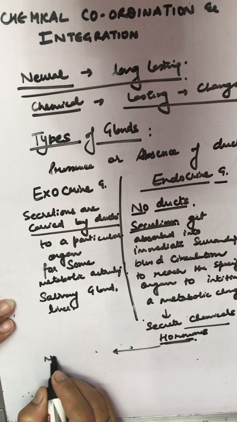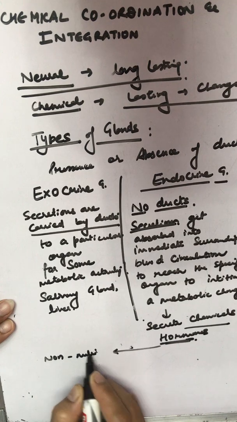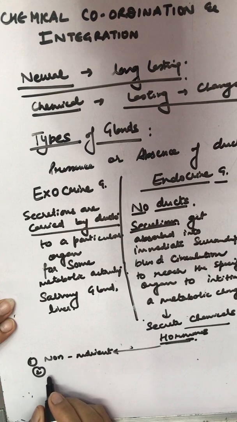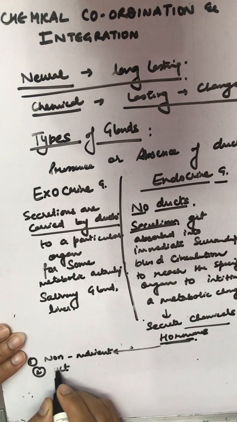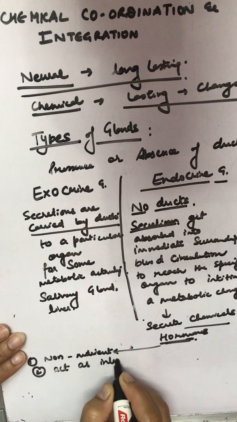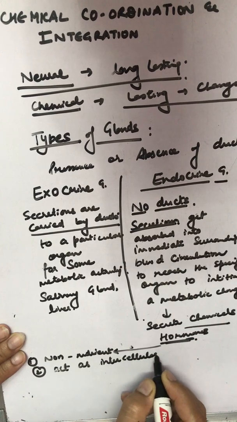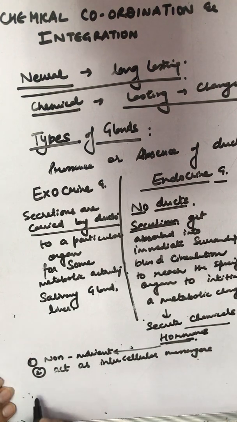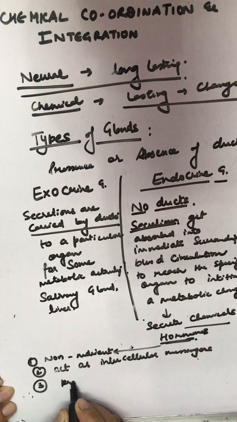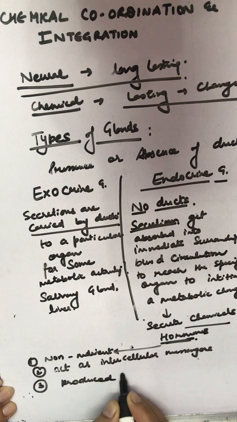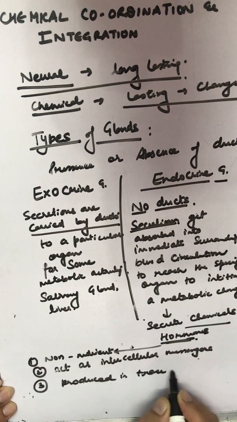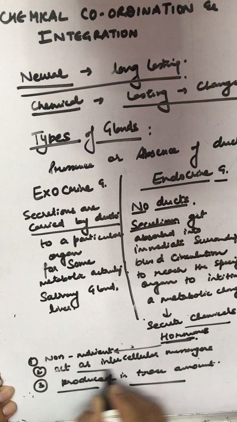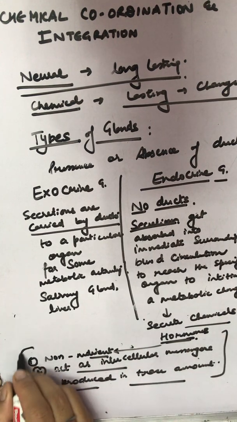So what are the qualities? First of all, non-nutrient. Number 2, act as intracellular messengers. Number 3, these are always produced in trace amount. So this is what it is all about hormones.